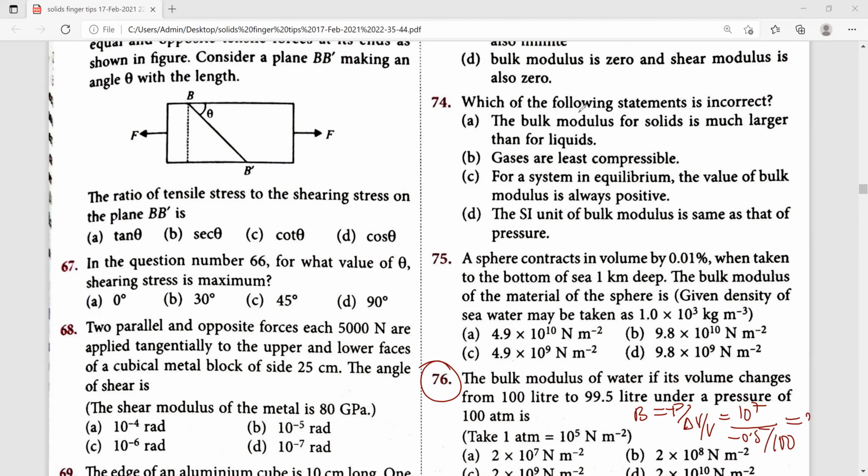After simplifying, we get 2 into 10 to the power of 9 Newton per meter square. So we are just using the formula of bulk modulus, that is minus P divided by delta V by V.